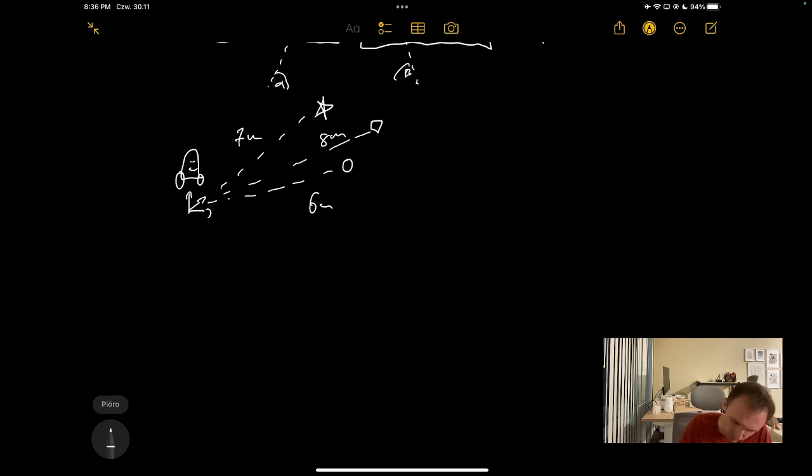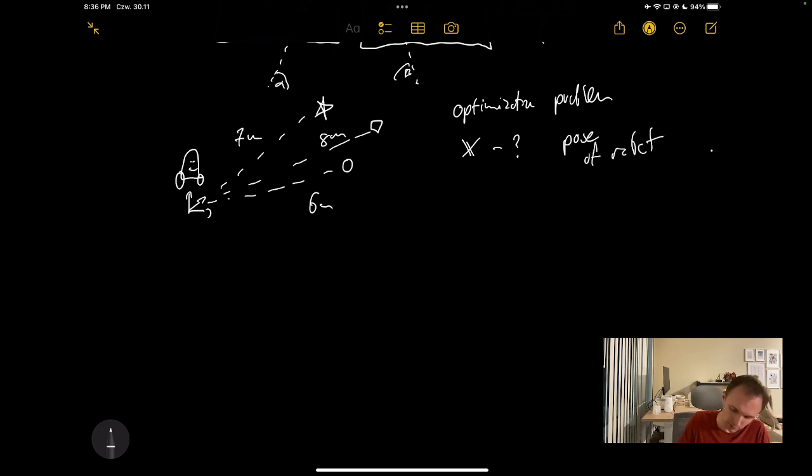And then basically what we're going to do is write an optimization problem. So now the robot has moved, and we're going to solve for x, and the x that we're going to solve for is the pose of the robot. When the robot has moved, we will have two pictures that we will want to compare.